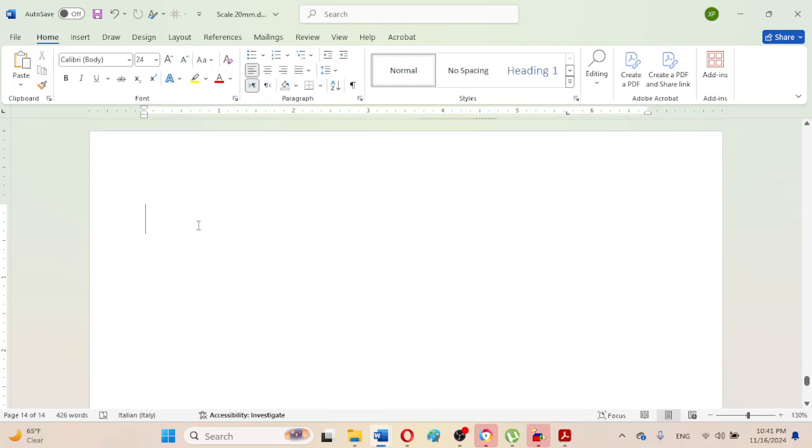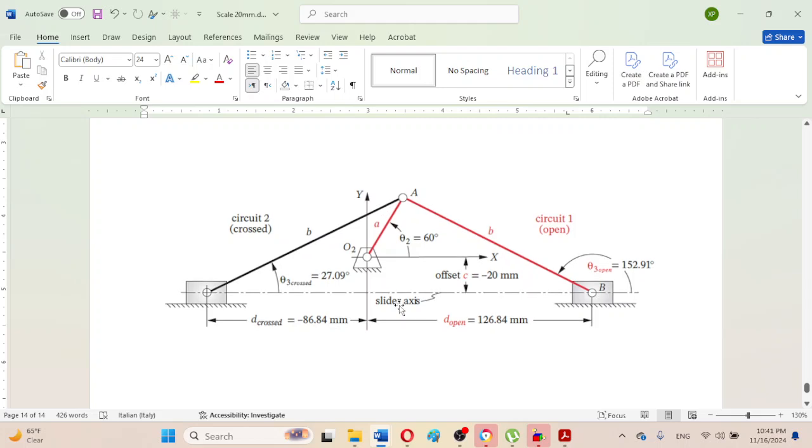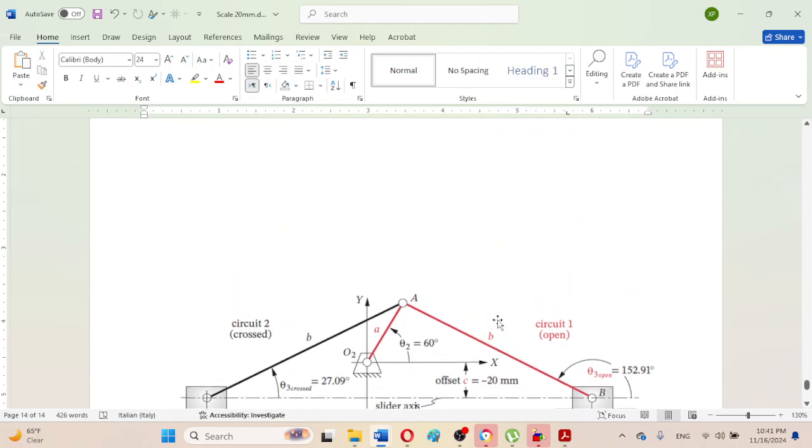In order to determine the instant centers using the linear graph technique, we can observe here that there are actually 4 links: crank, connecting rod, slider, and the fourth one is the ground, which is usually denoted as link number 1.